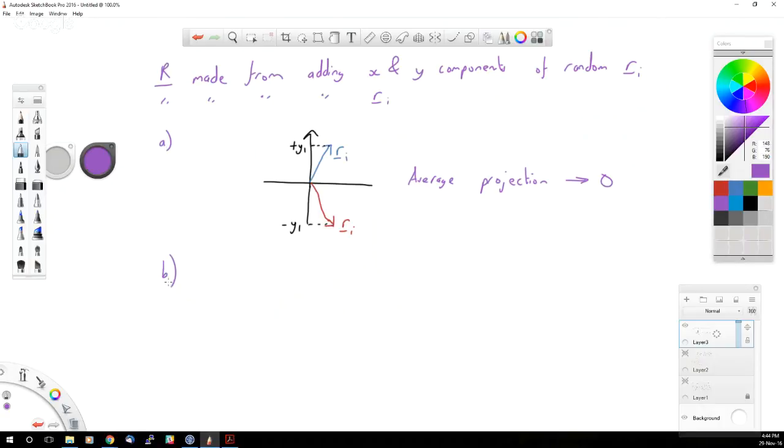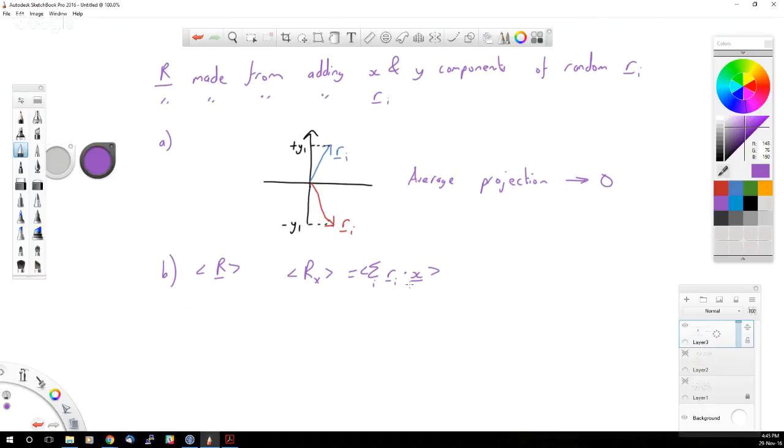Part B, what is the average value of R? We can think of this in terms of different components. So let's think about the average component of R in the x direction, which is the sum of all these Ri's which make it dotted with our x component, average.